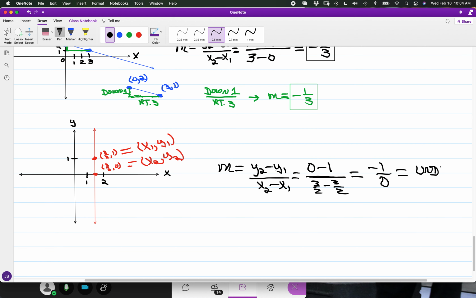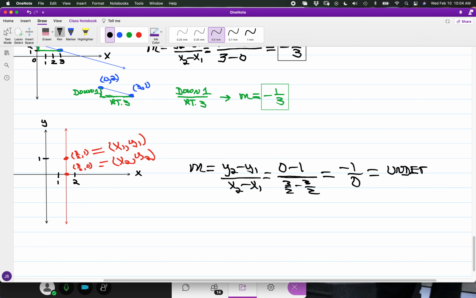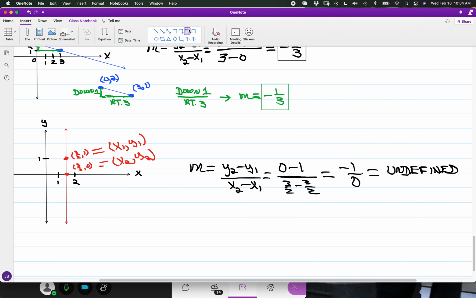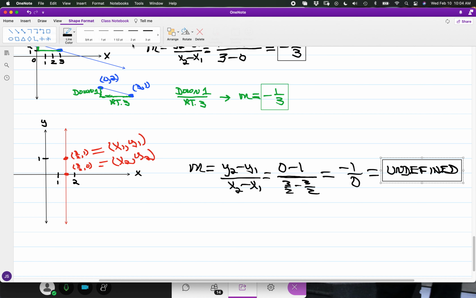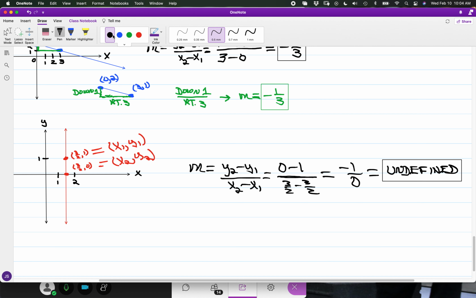And so, creating the situation of trying to divide by 0, the slope ends up being undefined. And again, that just reaffirms that the line is vertical.